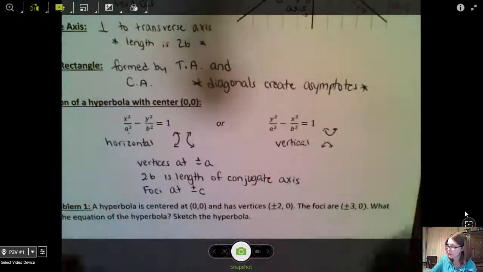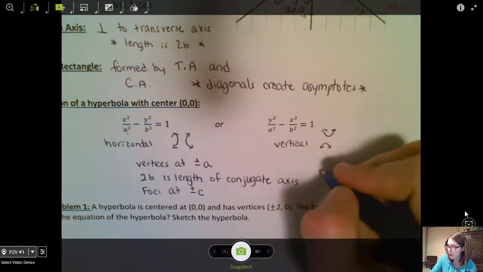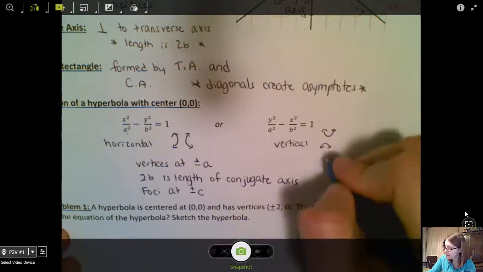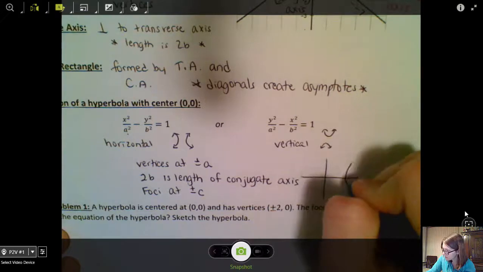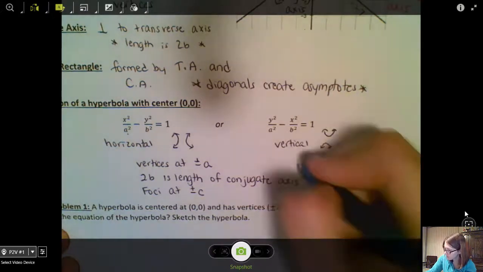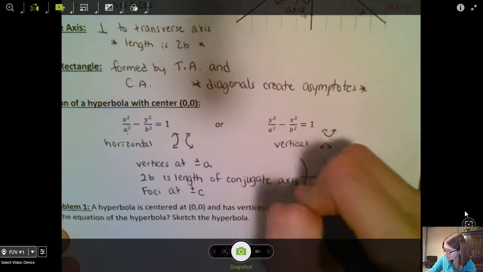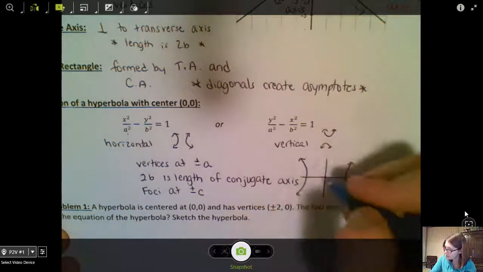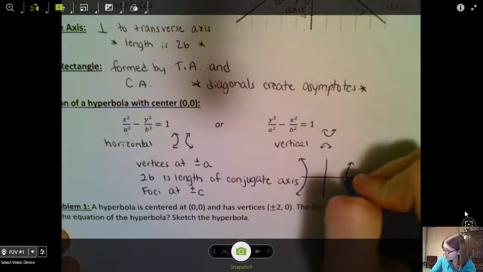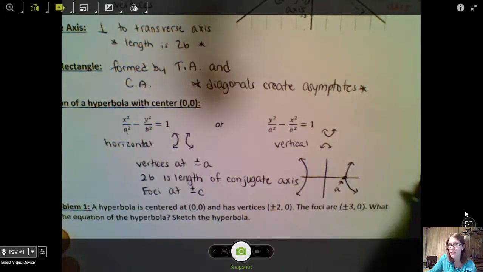I'm going to draw a little diagram out to the side here of a horizontal hyperbola. This is my hyperbola. A is where my vertex is.